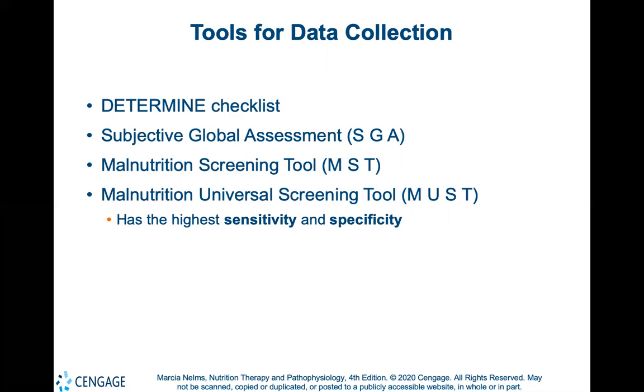Standardized instruments such as Determined Checklist, Subjective Global Assessment, SGA, Malnutrition Universal Screening Tool, MUST, Nutrition Risk Screening 2002, and numerous others are used for specific populations. The Academy of Nutrition and Dietetics evidence-based analysis for nutrition screening identifies 3 tools from the literature: the Malnutrition Screening Tool, Mini Nutritional Assessment, and Malnutrition Universal Screening Tool.